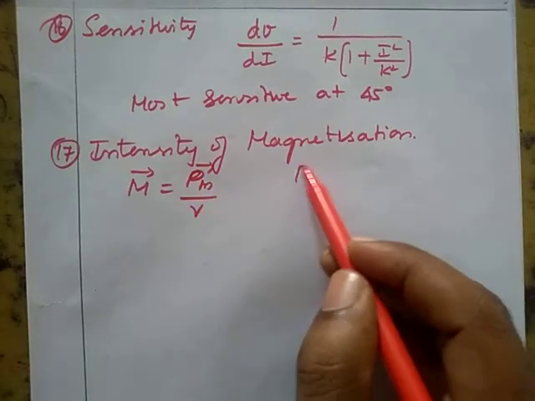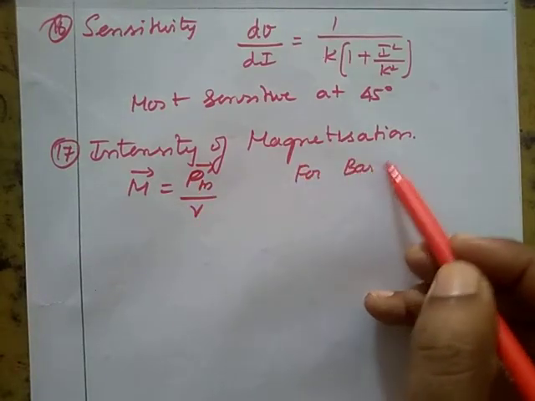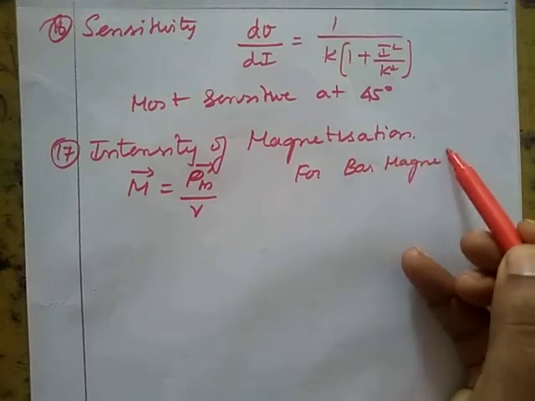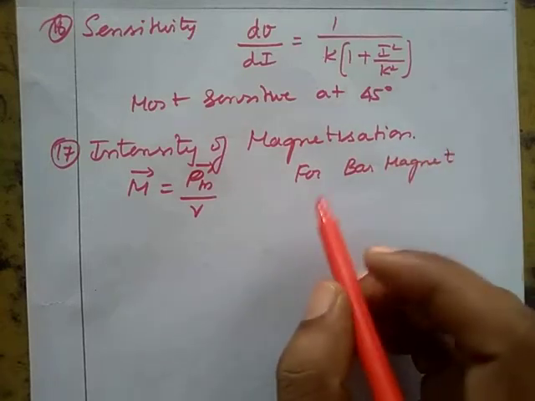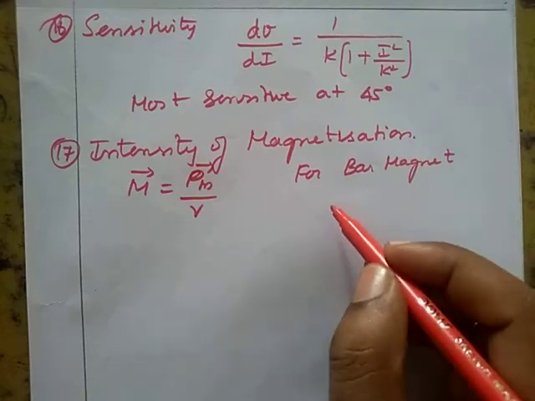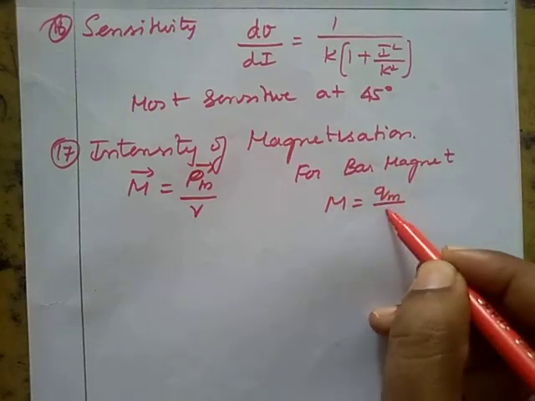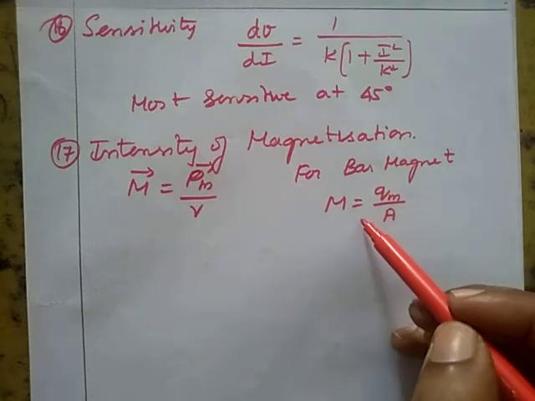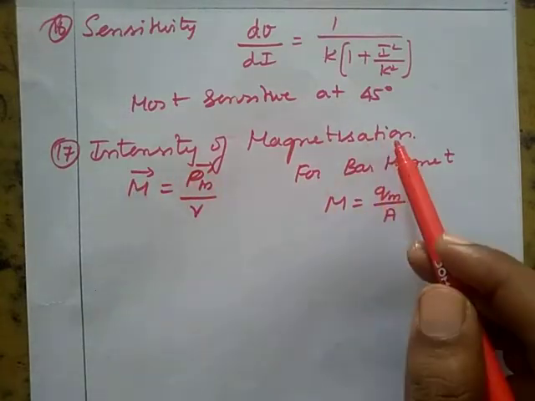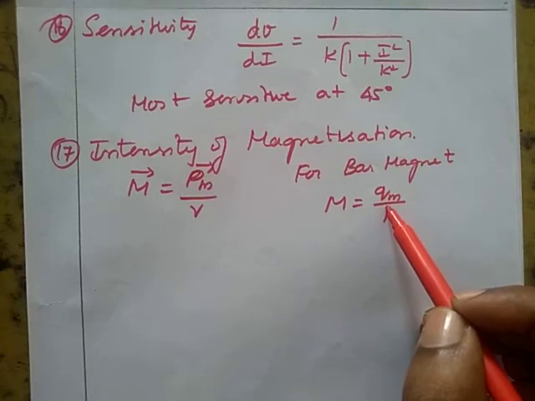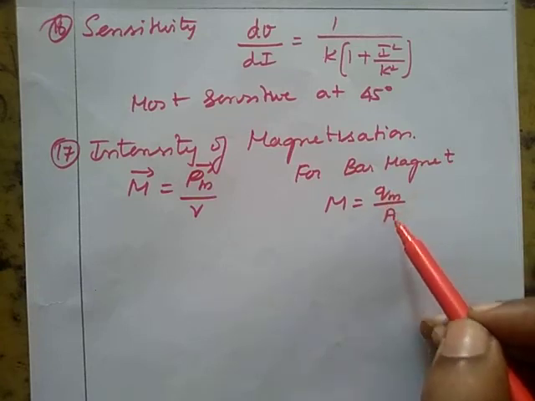For a bar magnet, we can consider this as M is equal to qm by A. Intensity of magnetization for a bar magnet is pole strength per unit area.